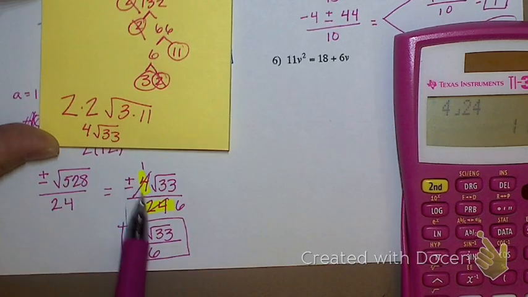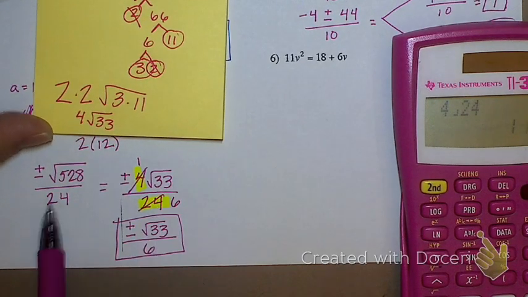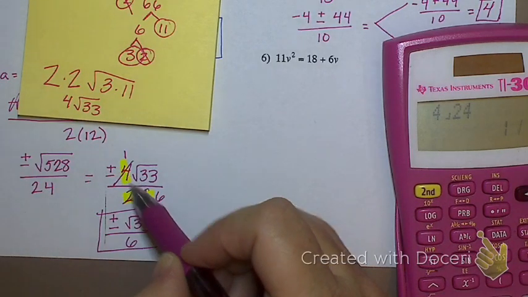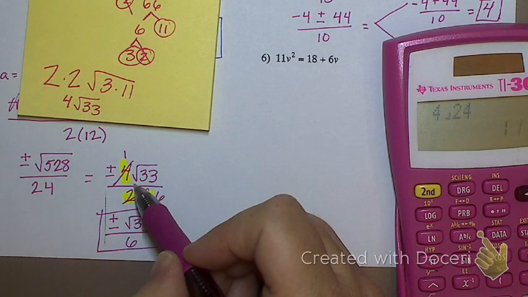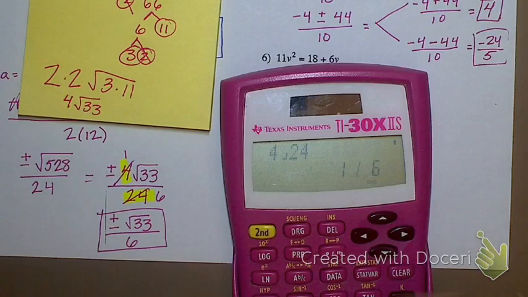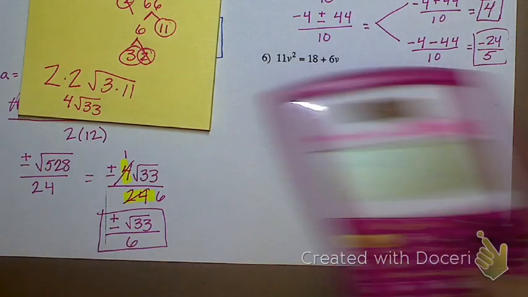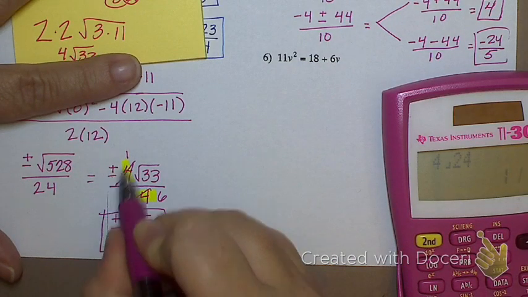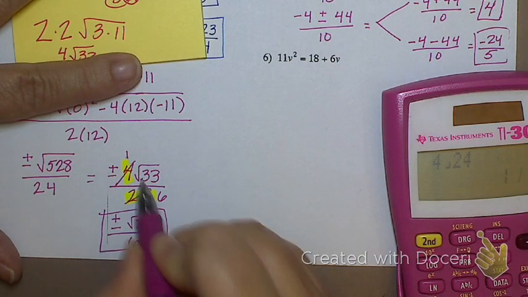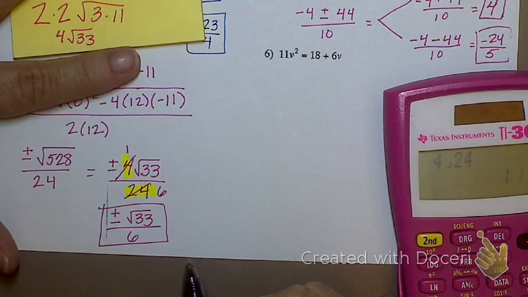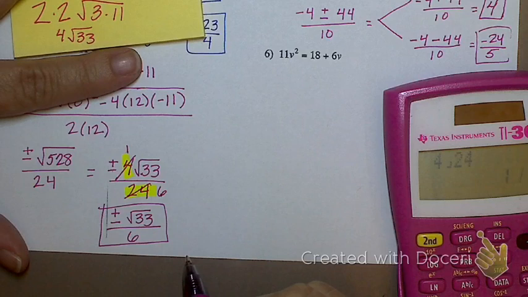So I had 4 radical 33 over 24. 4 over 24, since both of those are not in a radical, they can be reduced. So I went to my calculator and I put 4 over 24, and it reduces to 1/6. So this becomes plus or minus 1 radical 33 over 6. You just didn't write the extra. That's what you write.